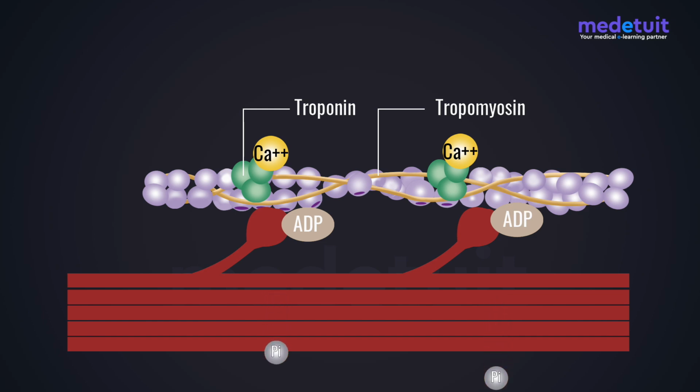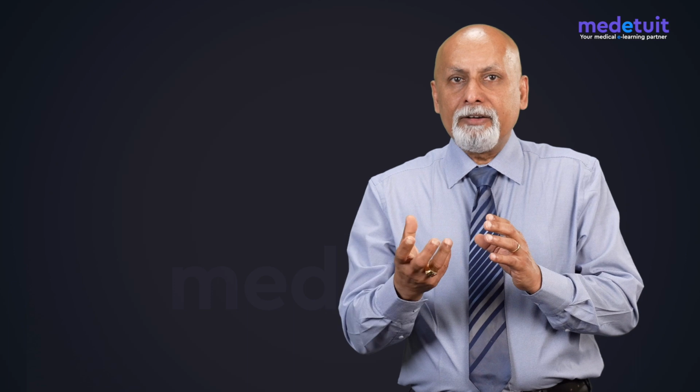Now, what does this myosin do? With the help of stored energy, the myosin head will be tilted towards the tail. I told you the myosin head is provided with an enzyme activity called myosin ATPase. With the help of the enzyme, the ATP molecule is cleaved into ADP and a high energy phosphate.